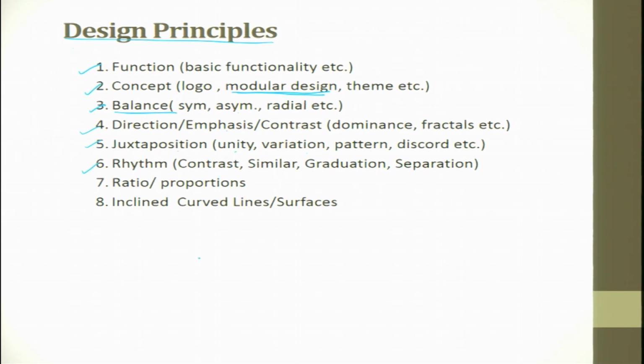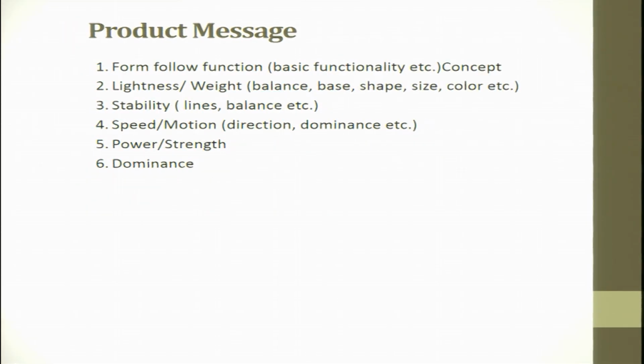Rhythm talks about contrast, similarity, graduation and separation. All this discusses the color, ratio and proportions which go back there, and then finally it is going to be the lines, curved lines and surfaces. These are the principles which we have to follow when we talk about developing a design in terms of representation.